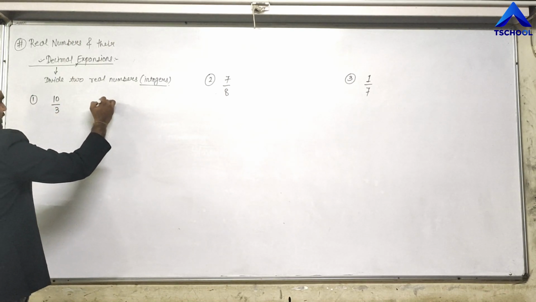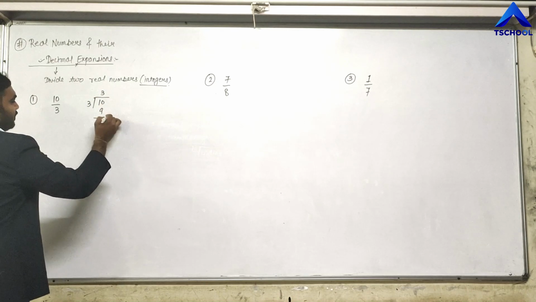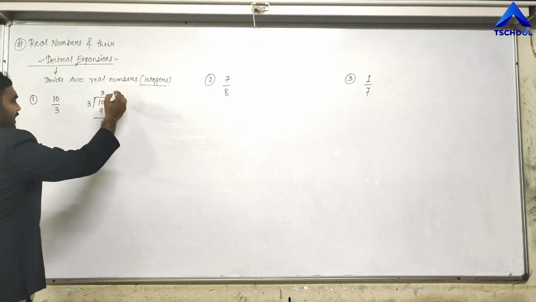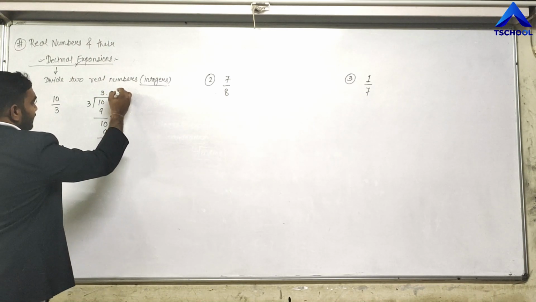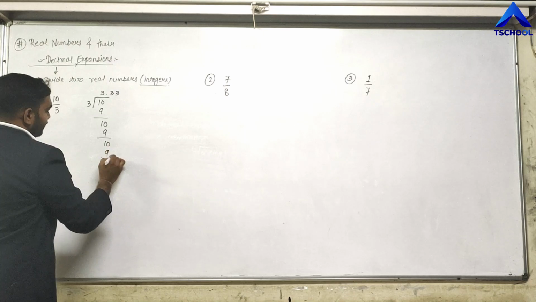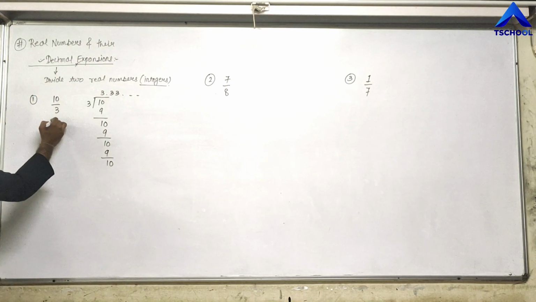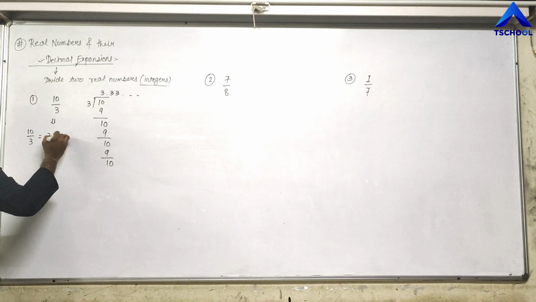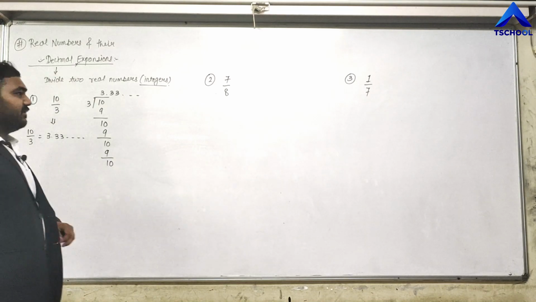Suppose if I divide 10 by 3, that will give me 3 into 3 is 9, remainder 1. Again if I put a point here, that will become 10, that is 3 into 3, 9, again a 10, 3, 9, again a 10, and so on. That means we can say that 10 upon 3 is equal to 3.33333 and so on. That means it is not going to end anywhere.